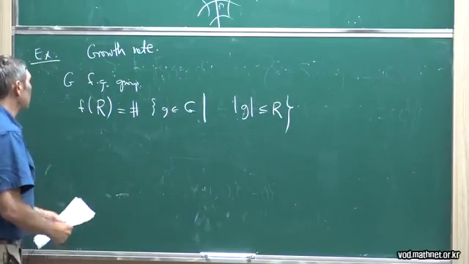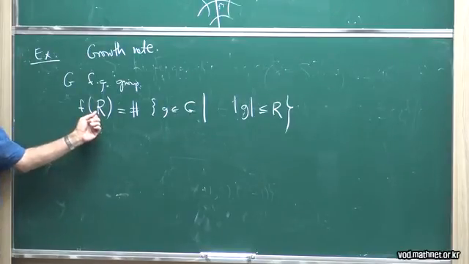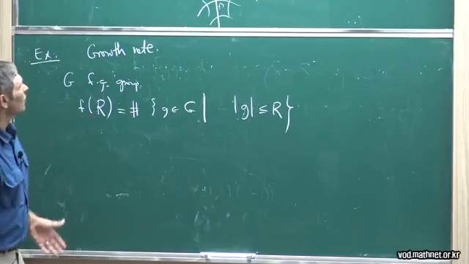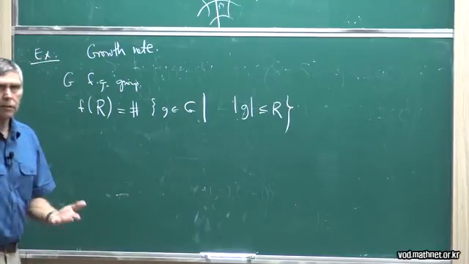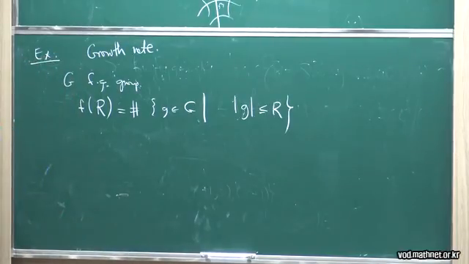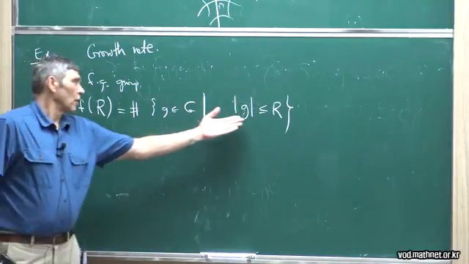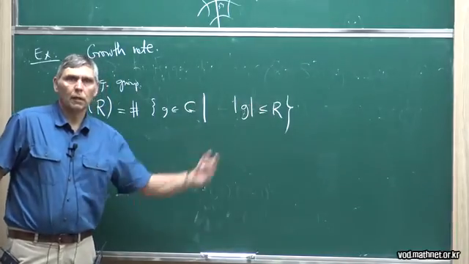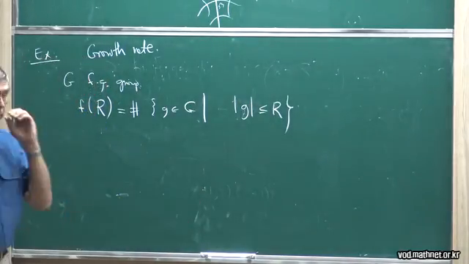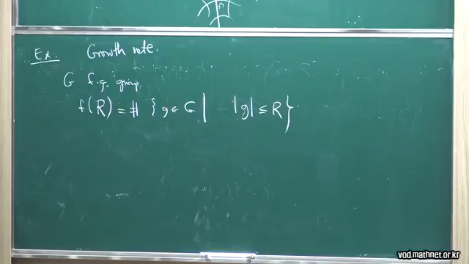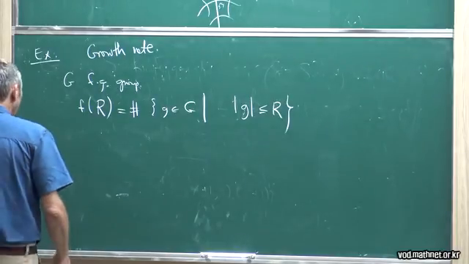Now this function itself is not an invariant under quasi-isometry, because, for instance, if I just change the generating set, then the function will likely change. For example, if I add more generators, I'll probably have more group elements with length bounded by the same number. But the quality of the function, it turns out, is invariant. So I can talk about exponential growth.